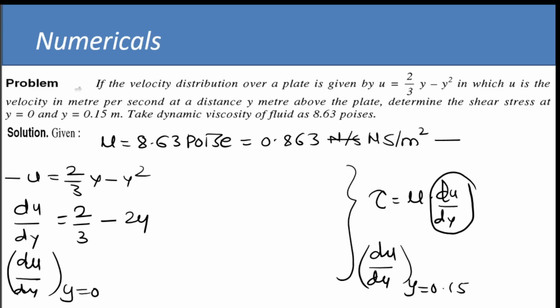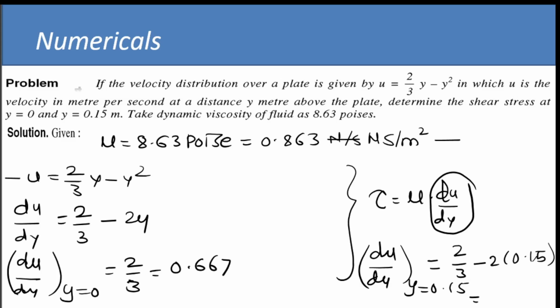Putting the y value as 0, this becomes 2 by 3. So the value is 0.667. Here the value will be 2 by 3 minus 2 into 0.15. At the end, what we get, it is equal to 0.367.